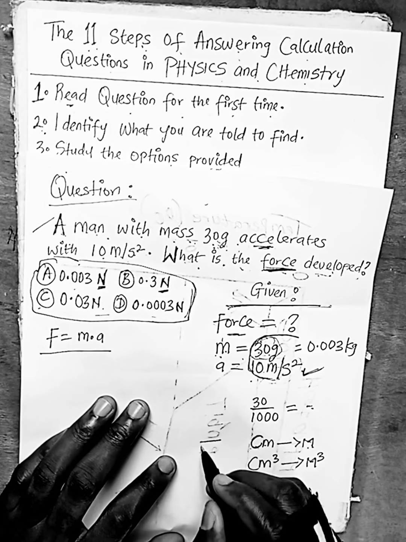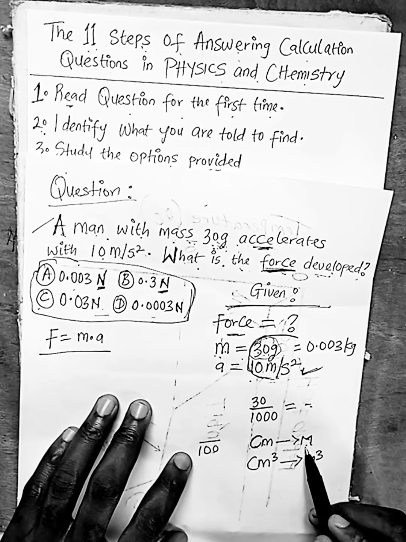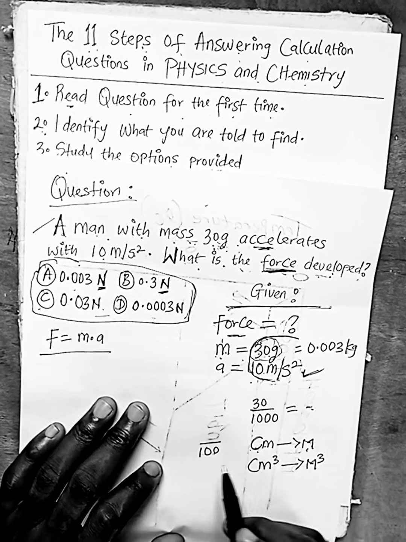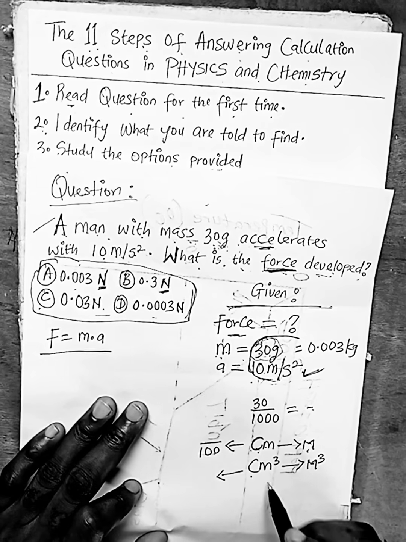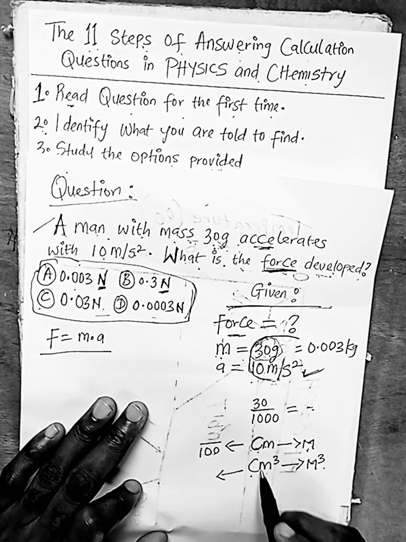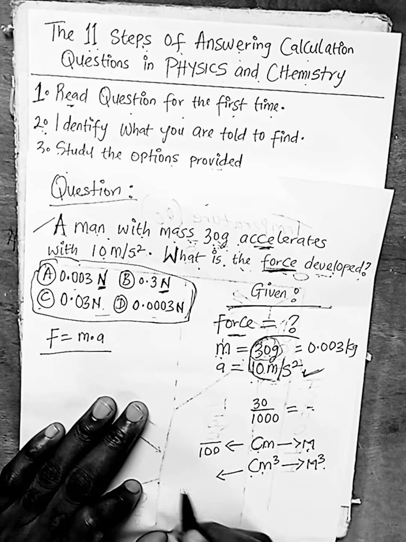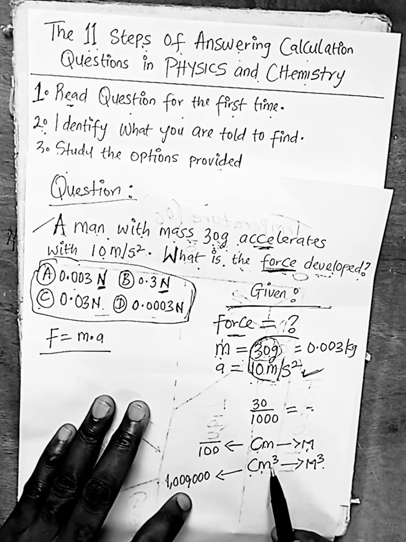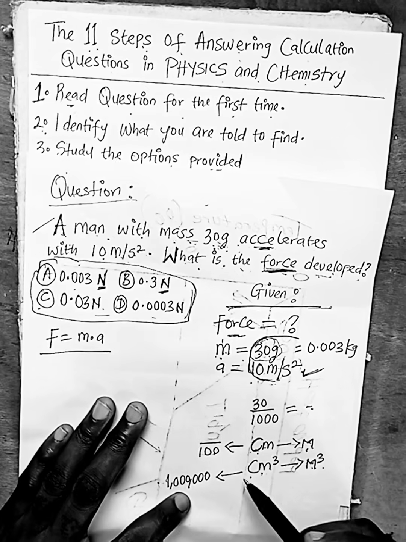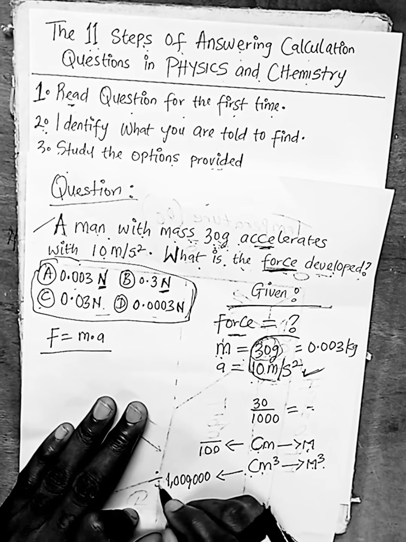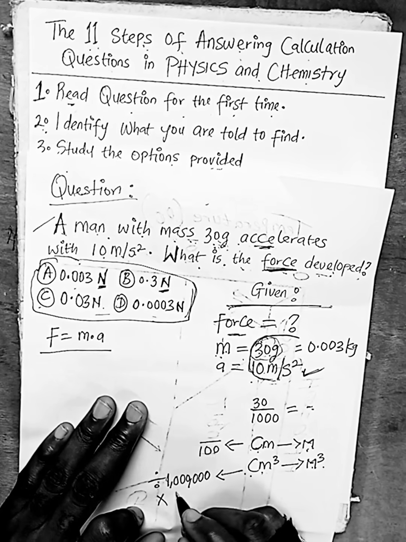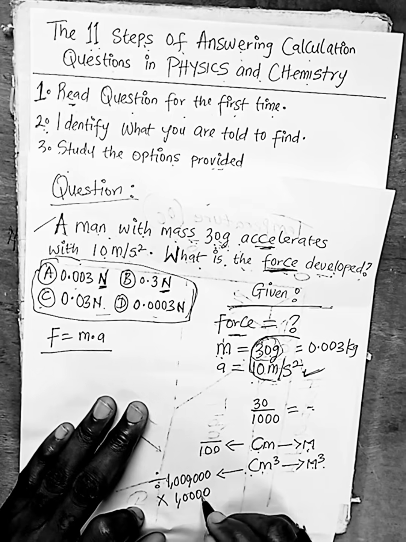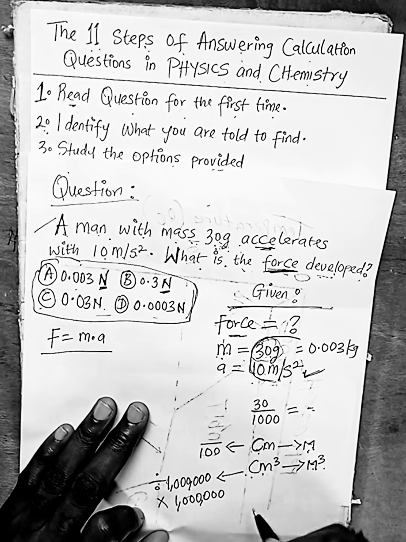If you are converting from meter back to centimeter, you multiply by 100. If you want to convert cubic centimeter to cubic meter, you divide by 1 million. If you want to convert from cubic meter to cubic centimeter, you multiply by 1 million. All these are the conversions that you have to know.